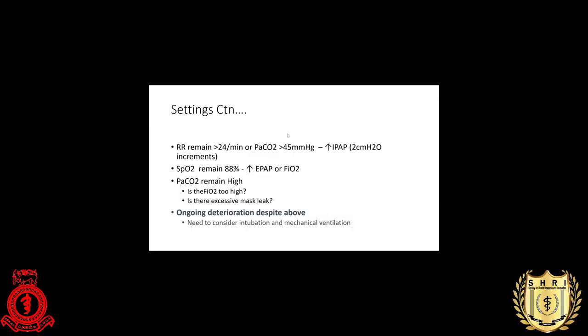If the patient's PaCO2 still remains high, then you have to check whether you have selected the proper FiO2, especially in the patient with COPD, where we have to reduce FiO2, or whether there is excessive leaking from the mask. If there is ongoing deterioration, you have to consider intubation and mechanical ventilation.